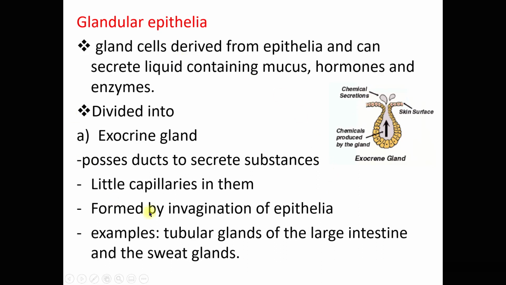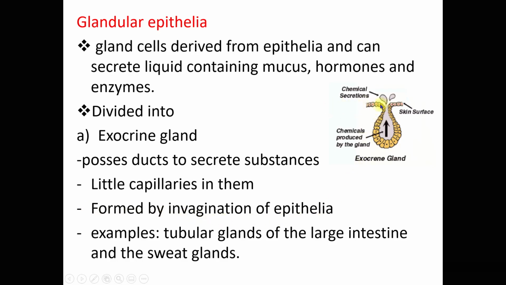Now let's go to the first one, the exocrine gland. Exocrine glands possess ducts, to secrete substances. Exocrine glands have little capillaries in them, and are formed by invagination of the epithelia.